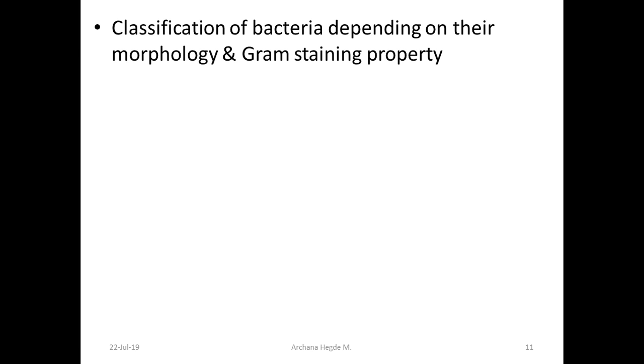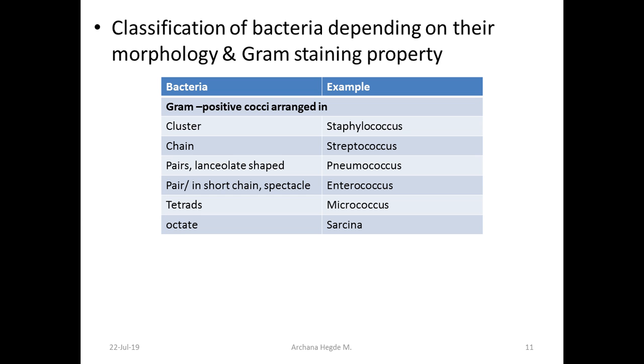Now classification of bacteria depending on their morphology and gram staining. Here you can see on the left side is the bacteria and on the right side is the example. These are gram positive cocci arranged in clusters. Cocci means round shape. Clusters, a group of cocci, are Staphylococcus, for example. In chains, Streptococci are Streptococcus.